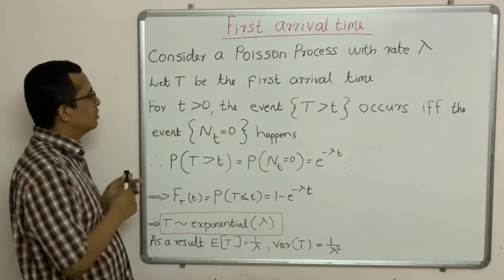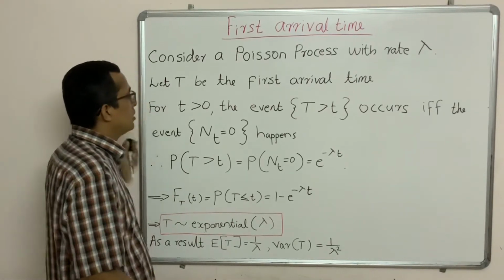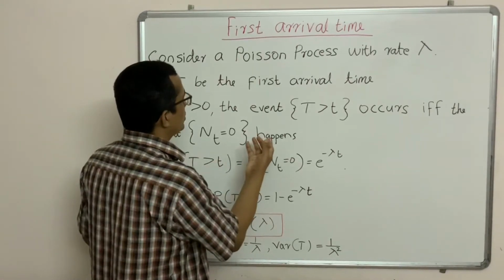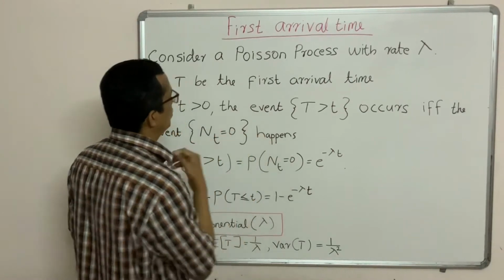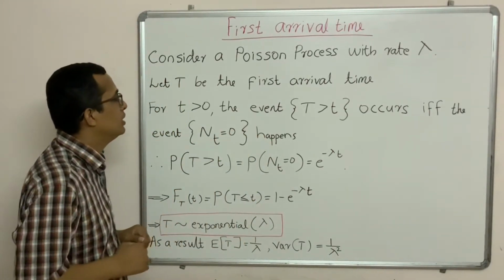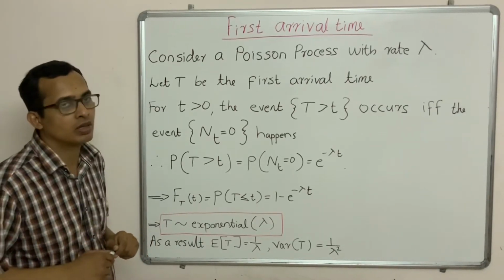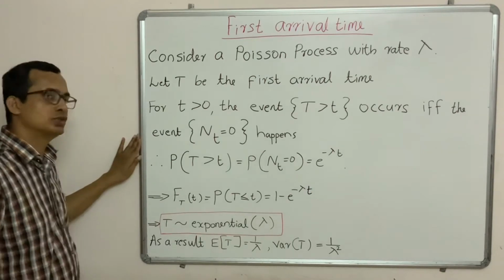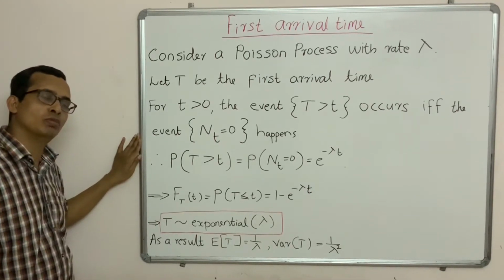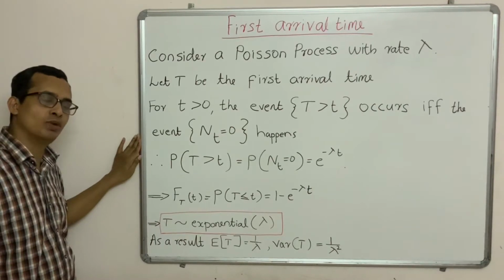So the event nt equal to 0 is the same as the event capital T greater than small t. We use this fact along with the knowledge of the distribution of nt to get the distribution of capital T, the first arrival time.